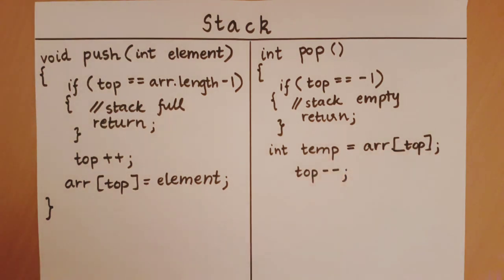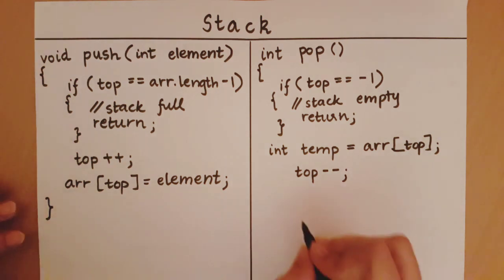When we decrement top by 1, we mean that the stack no longer keeps track of that topmost element. By decrementing the top by 1, this is essentially deleting the last element from the stack. Now, we have to return what we have deleted. We can do this by returning temp.